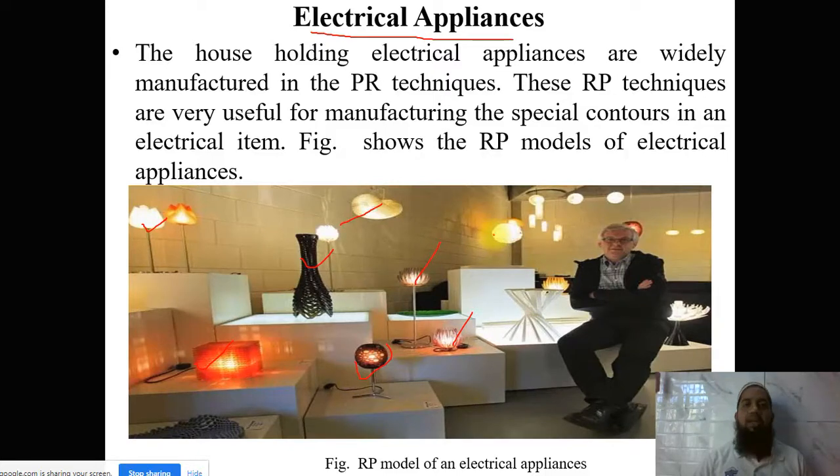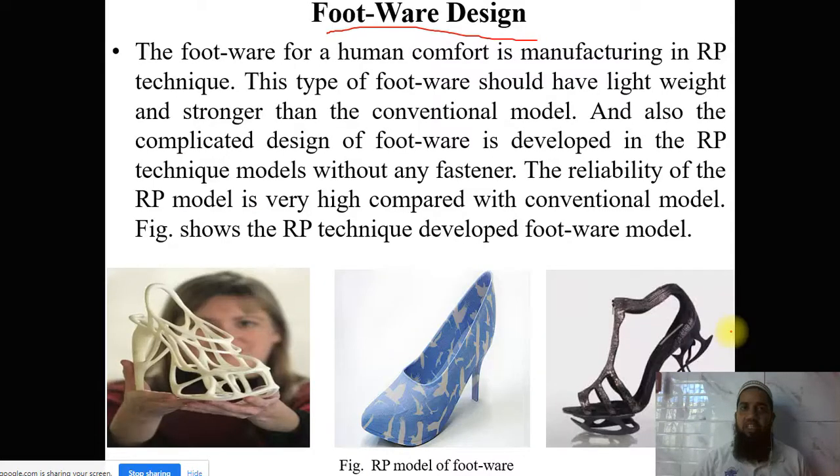Okay, so this is an example in footwear design, a very complex foot. You can see the strength of this part, which is very important, because in the case of a high heel sandal, preferably used by many women, they always design different types of components, but it is very difficult to develop those by use of any kind of die.